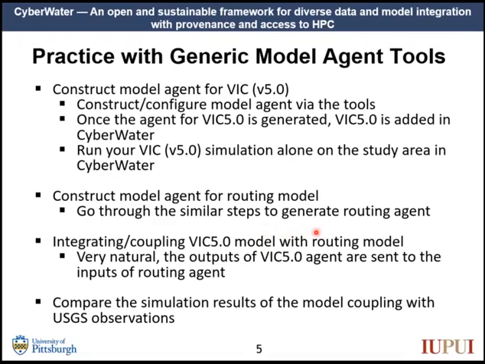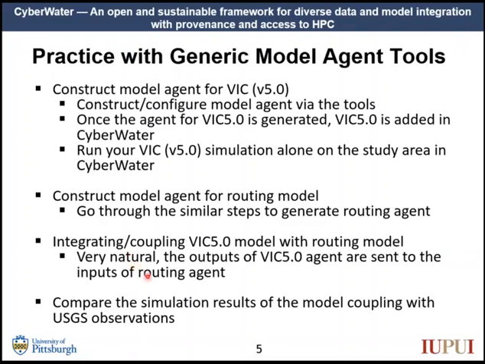So you need to generate another model's agent, which is the routing model agent. By using these tools, you basically go through similar steps as you do for Wake 5. And then you are going to integrate those two models, Wake 5 and the routing model, into CyberWater.